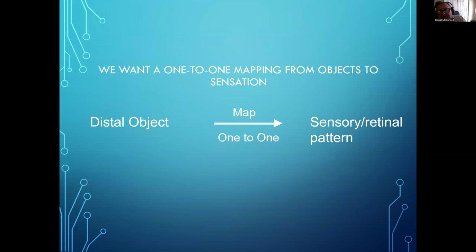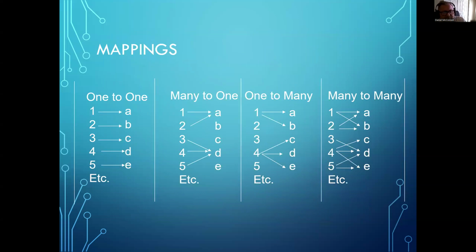So as we have learned, despite our desire to find a one-to-one mapping between objects and sensory patterns, the reality is that it's a many-to-many mess, right? These are what the mappings would look like in the abstract.